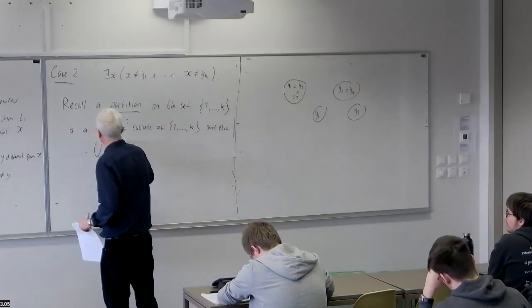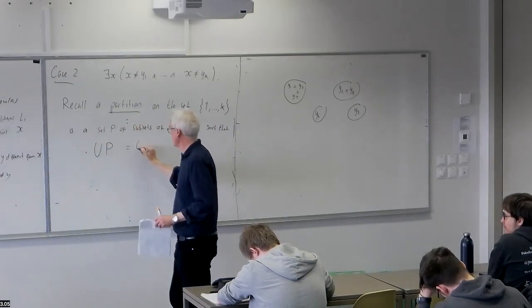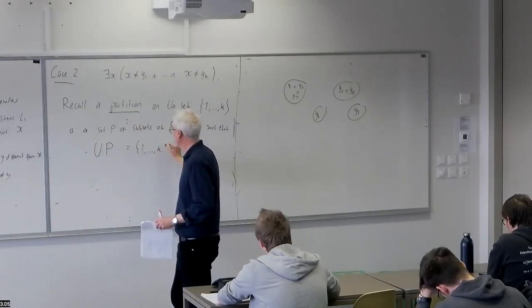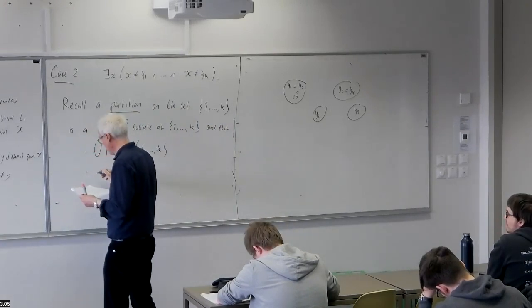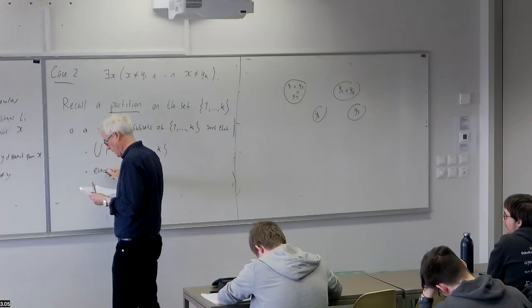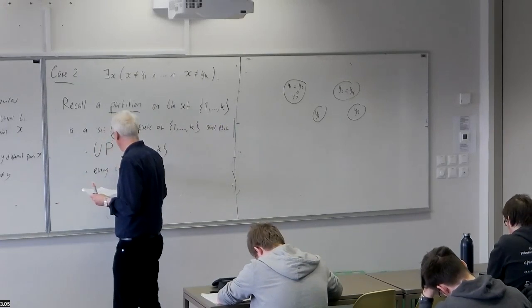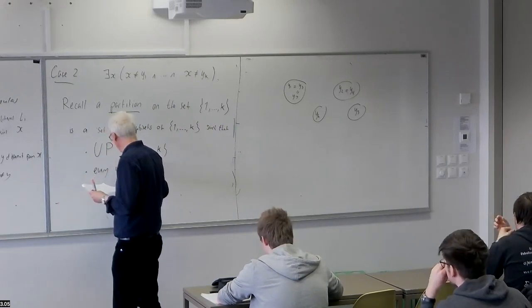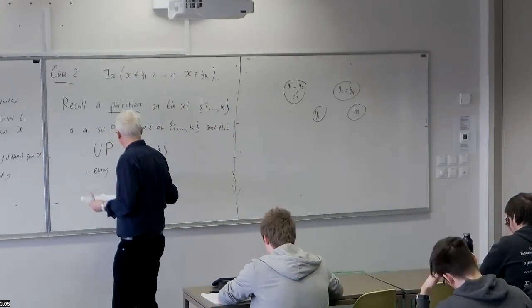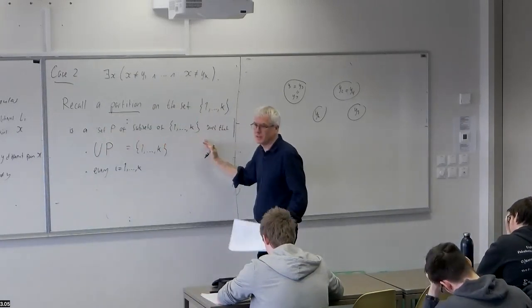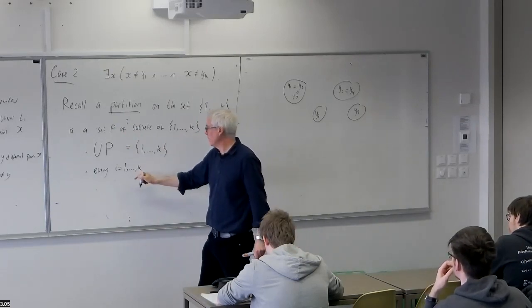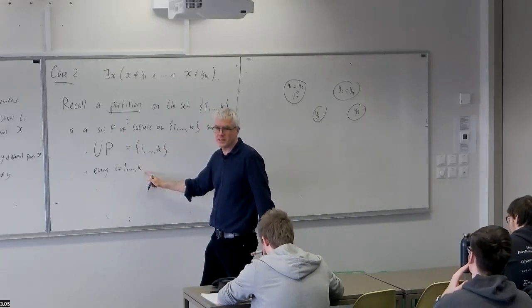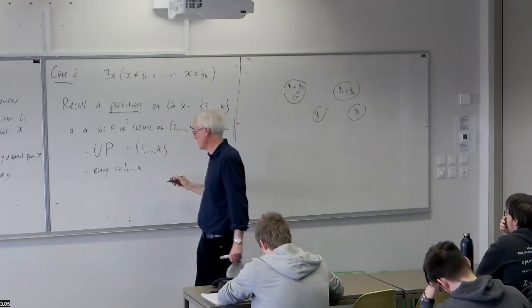firstly, the union of all these subsets is the set 1 to k, and secondly, any 2 sets here are disjoint, or another way of saying this is that every element from 1 to k is contained in exactly 1 set in the partition.